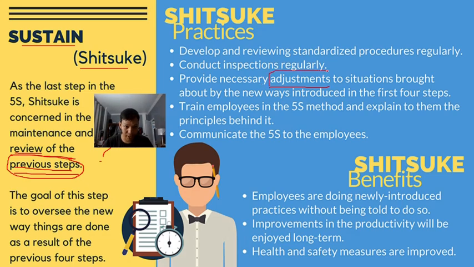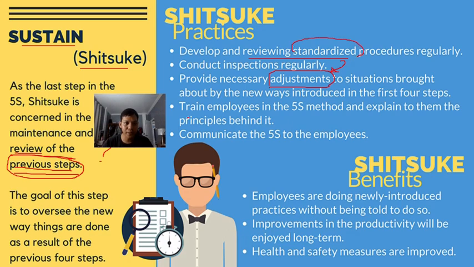Adjustment on the previous standard. The duty of standardizing is to make sure that everything is followed. But about sustain or shitsuke, we need to review the standard and adjust if there are any situations that need adjusting. Then we enhance or develop the set standard.